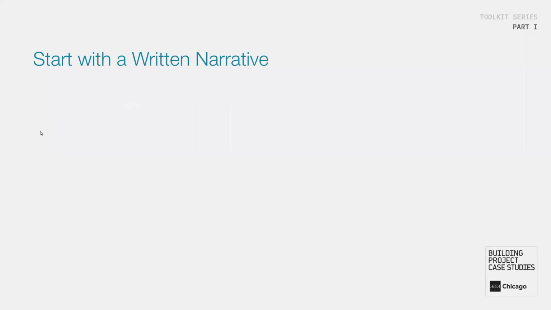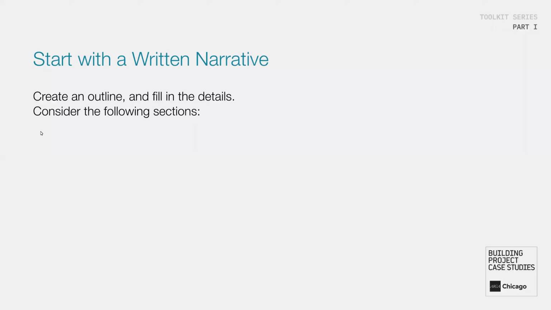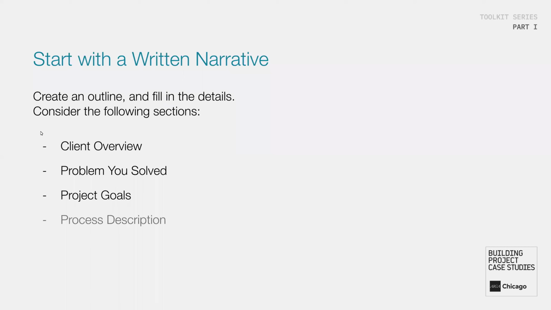Part 1, write your case study first. So start with a written narrative. Create an outline and fill in the details, and consider the following sections: a client overview, the problem you solved, project goals, process description, and outcomes.